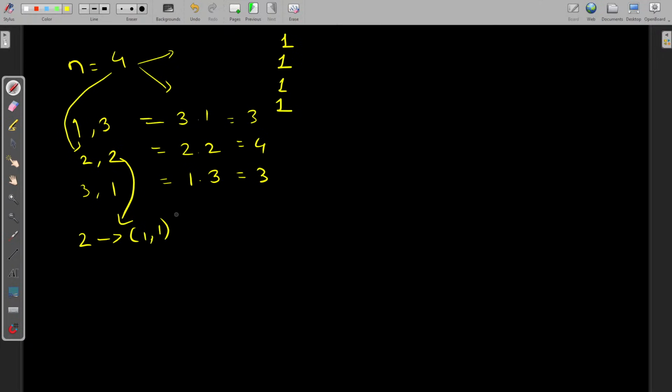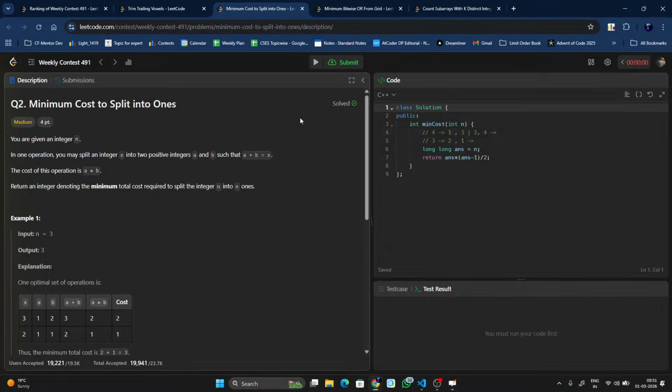So I have to go to this state. If my n is equal to 5, then I have to go to 5 ones. So that is the problem. We have to convert the given n into n ones, and find the minimum total cost required to do that. The constraints on this problem are really low.